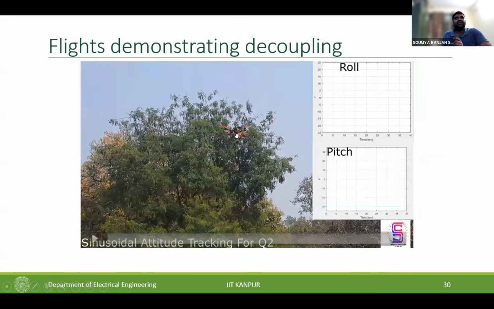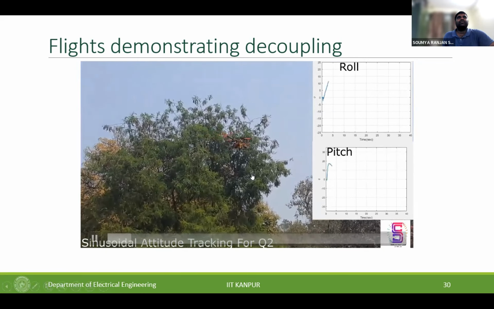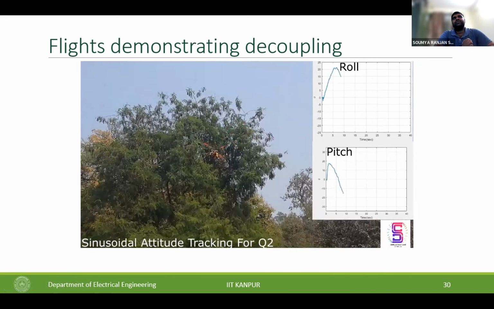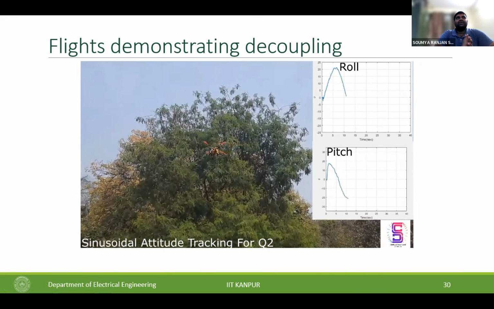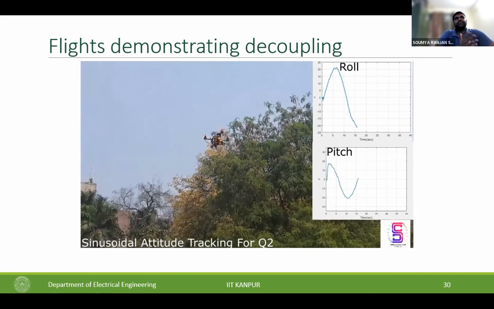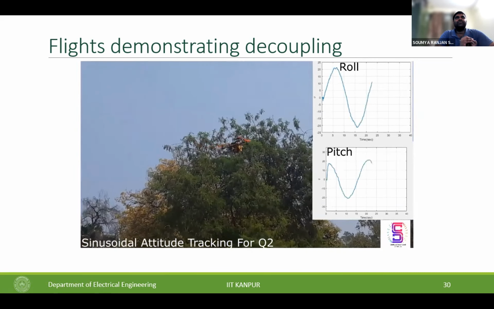So this is a quad which is around 200 mm. The entire frame was printed in the lab and has very small components. So in case of crashes, we are immediately able to reproduce it. Here also the angle was commanded with an amplitude of 20 degrees and a similar time period of oscillation.